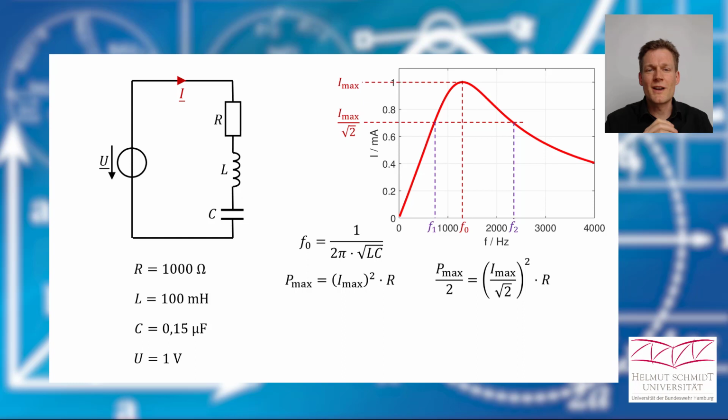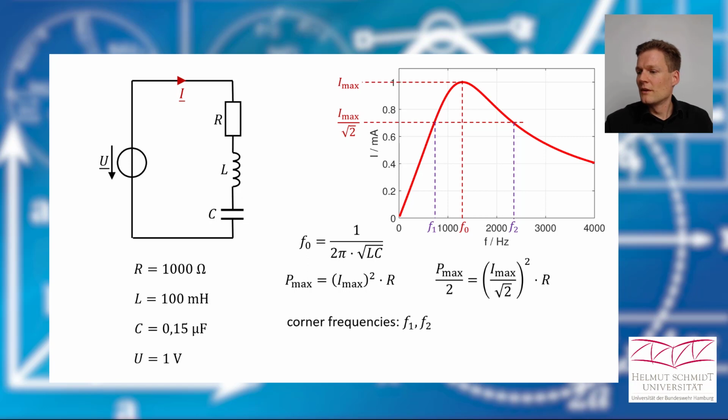That is where the resonance frequency is. Between these two frequencies is the maximum power and at least half of the maximum power. And outside of this frequency band, the power consumption will be lower than half of the maximum power.